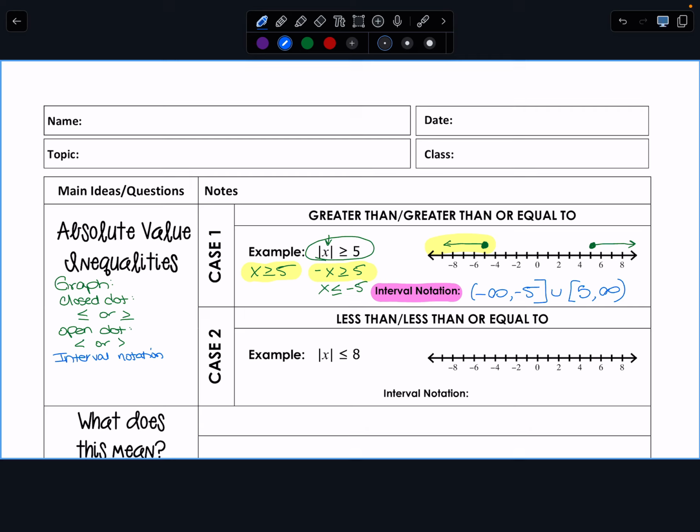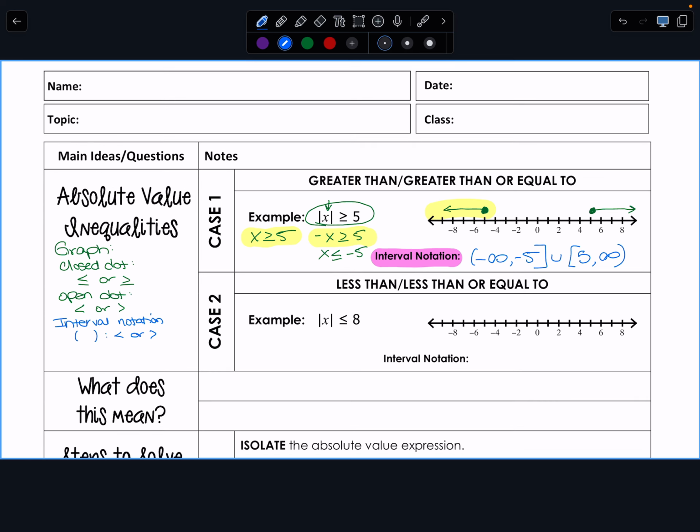Okay, so interval notation. If I have parentheses, this is for less than or greater than. If I have square brackets, that's for less than or equal to or greater than or equal to. Okay, hold on one second. And the little u stands for or, meaning I could have something to the left or I could have something to the right.